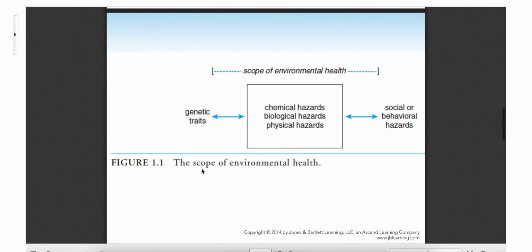This shows you that the scope of environmental health is really large. Just as we talked about, it focuses a lot on chemical, biological, and physical hazards and how they affect our genetic traits, but those genetic traits can also affect some of these. And then again, the social and behavioral hazards that we have are affected here and vice versa.